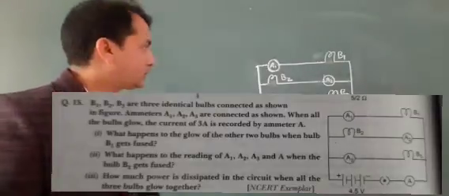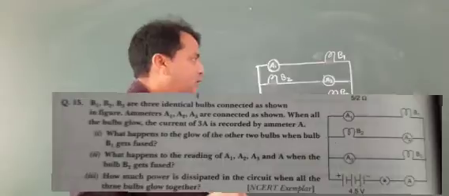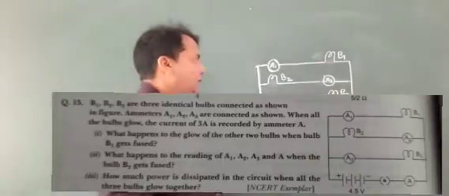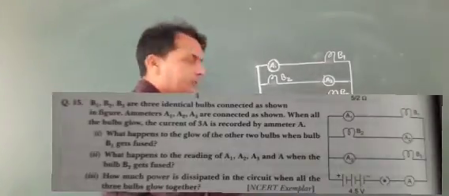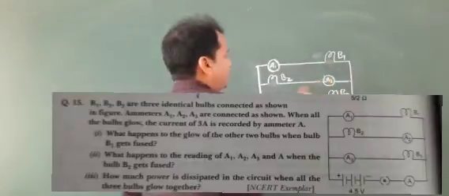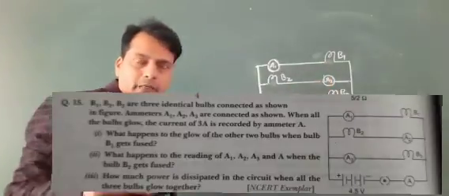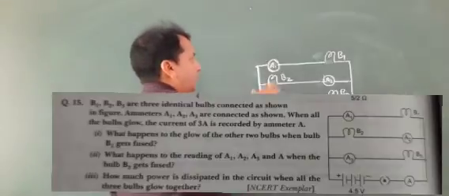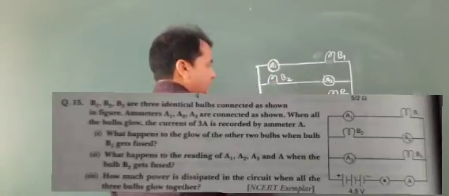In this circuit, three bulbs are used, B1, B2 and B3, and three ammeters, A1, A2 and A3.